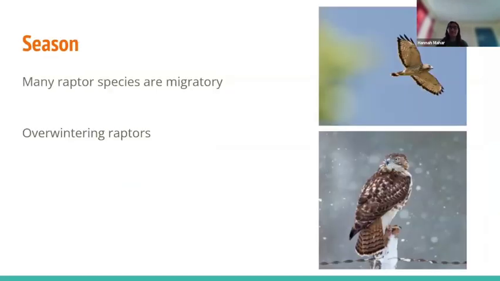So next, we have season. So many of our raptors are actually migratory and will move to the southern US, Central America, and some even as far as South America during the winter months.